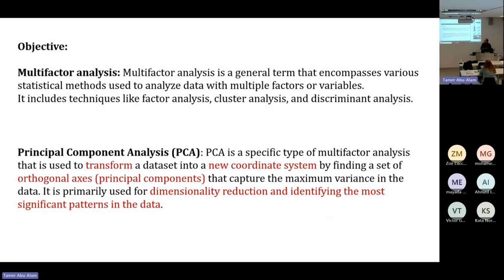It is used to transform the data set to a new coordinate system by finding a set of orthogonal axes, called principal components, that capture the maximum variance in the data.